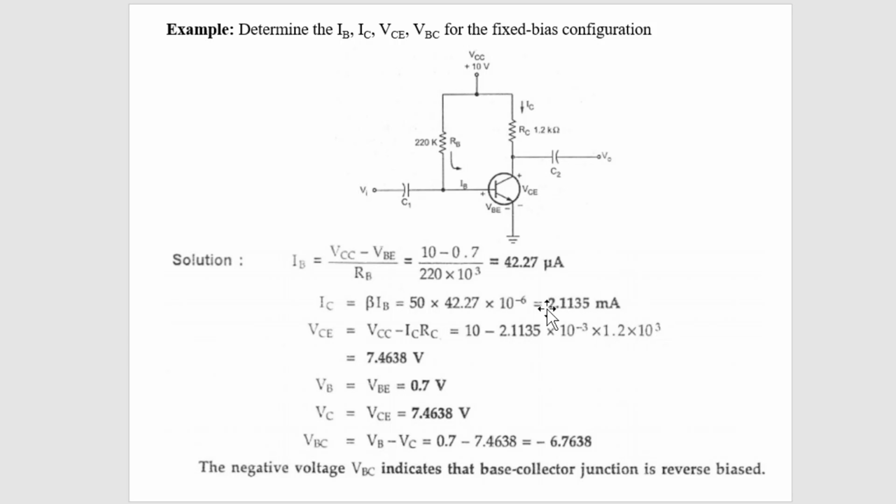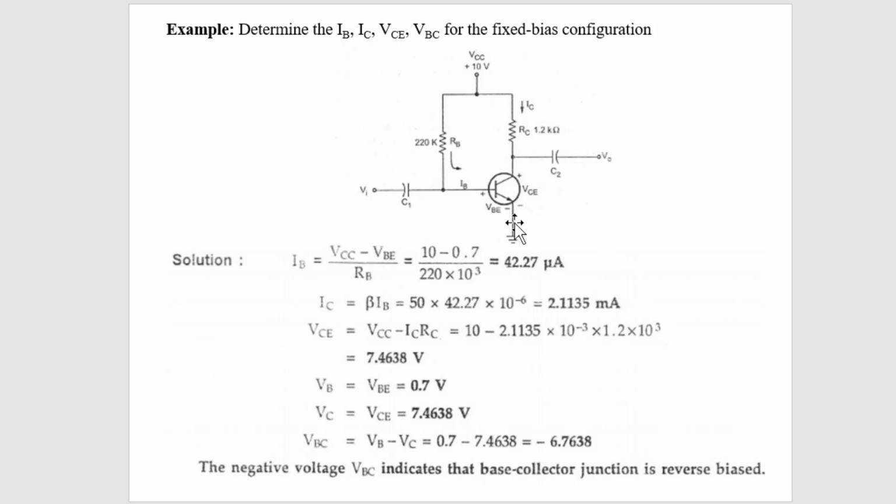If you solve this, you will get VCE equal to 7.4638 volt. This voltage, the output voltage, is equal to 7.4638 volt. Now we know that emitter voltage is equal to 0.